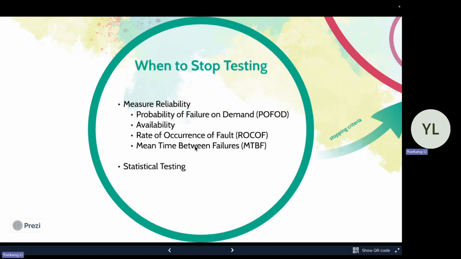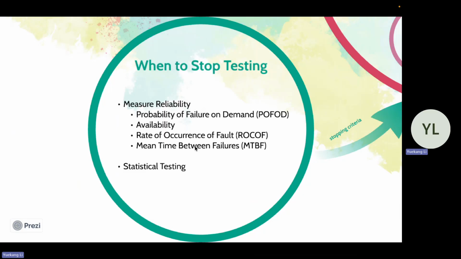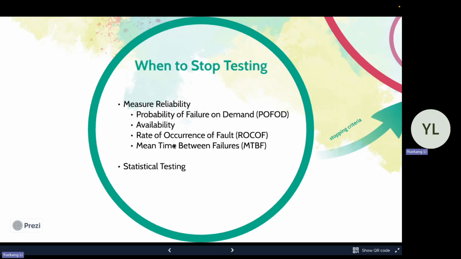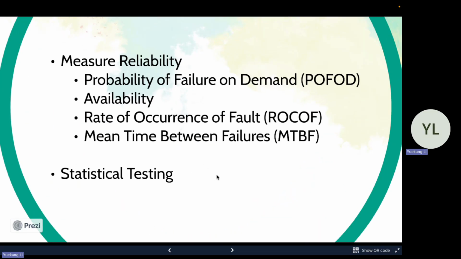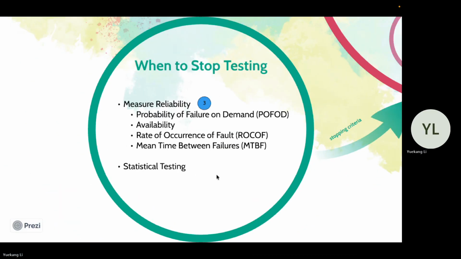And mean time between failures is to calculate the time slot between two failures. And for measuring reliability, we require you to be able to use them. So you should be able to calculate these values given some scenarios.